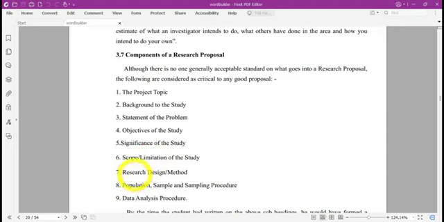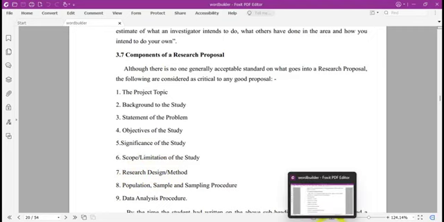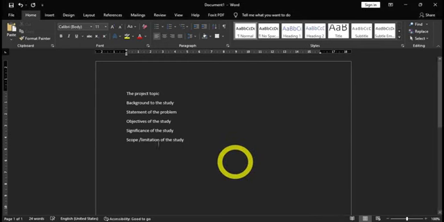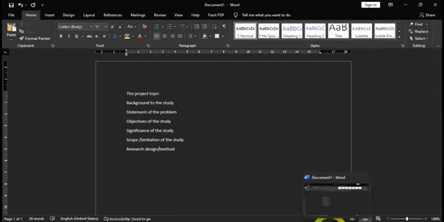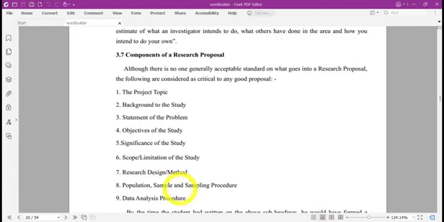Then the seventh one is research design or method.